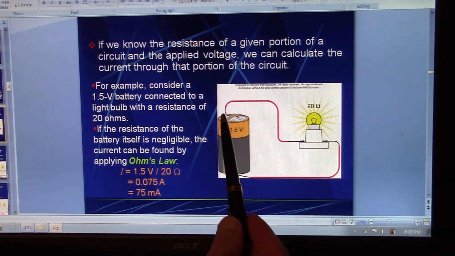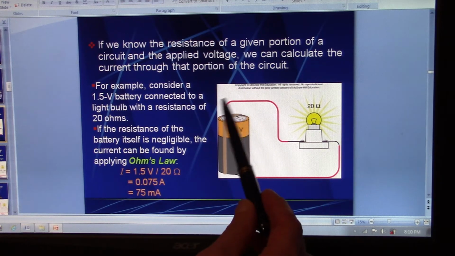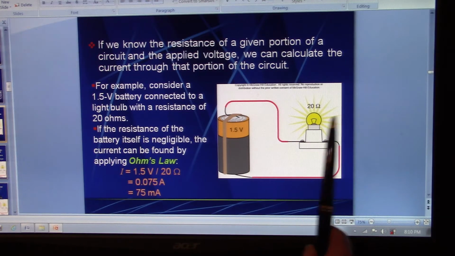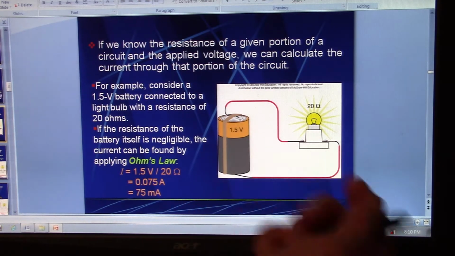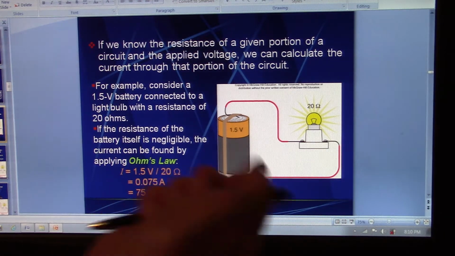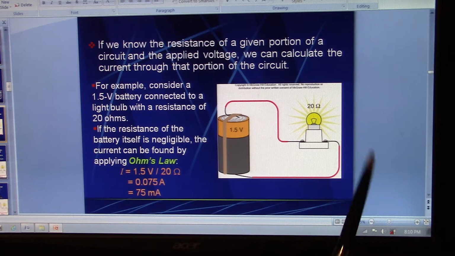Electrons are now flowing, and they're physically flowing through the wire. They're going through the little element. On an old-fashioned light bulb, there's a little heating element. The diodes work slightly different. Most of the modern ones in your phone are diodes. But an older flashlight has a little heating element. Electrons are going through that.